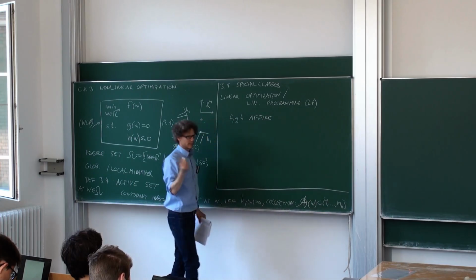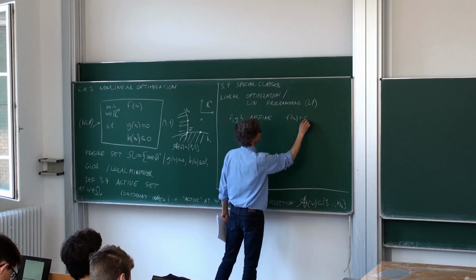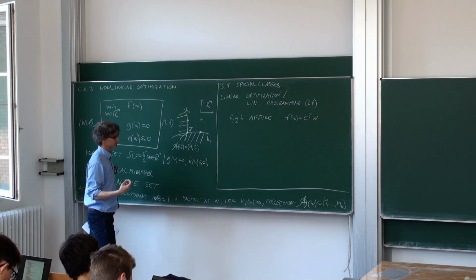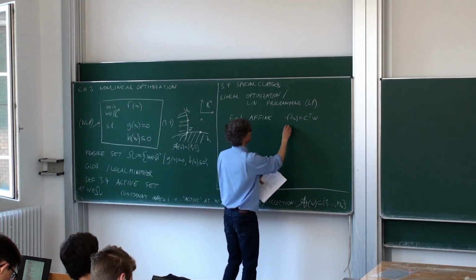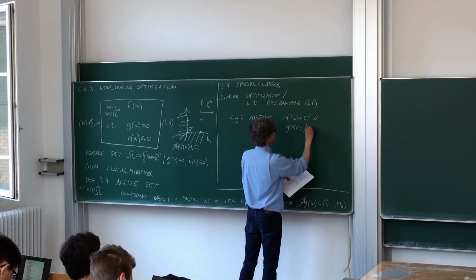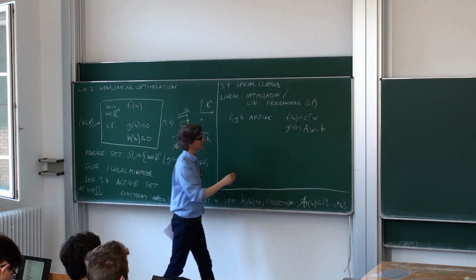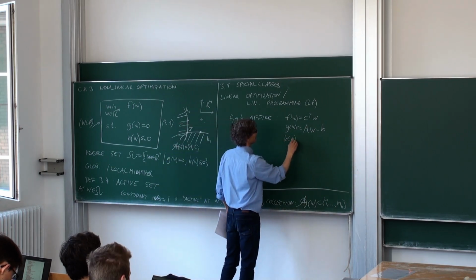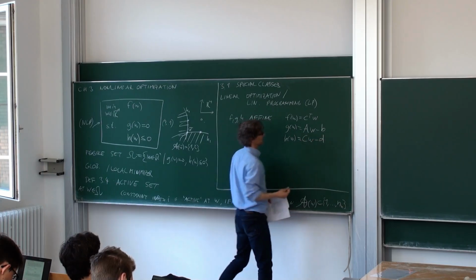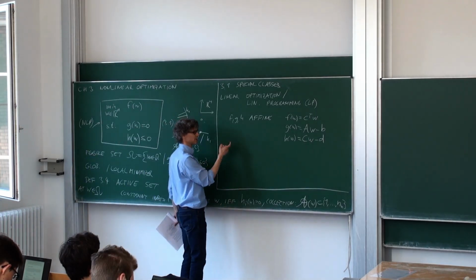And of course, that means that for the objective f of w, you could just choose the linear part, because the constant will not change the solution, so you usually omit the constant, and for g of w you will choose, for example, A w minus b, A being a matrix of suitable dimensions, and then the same for h. So we could call this matrix C w minus d. And then we have a so-called linear program. It's a special case, and it's something that you can solve with special software.